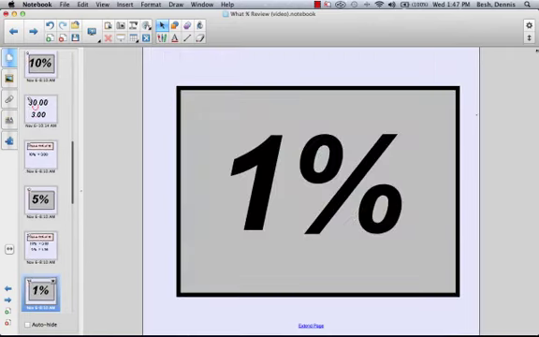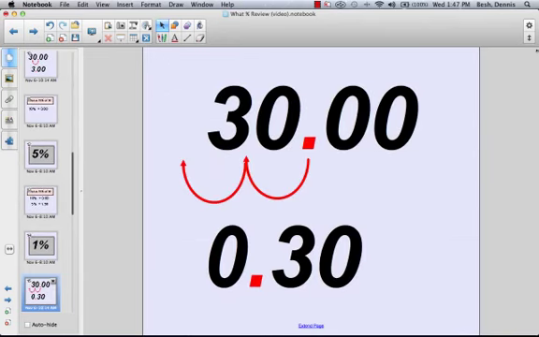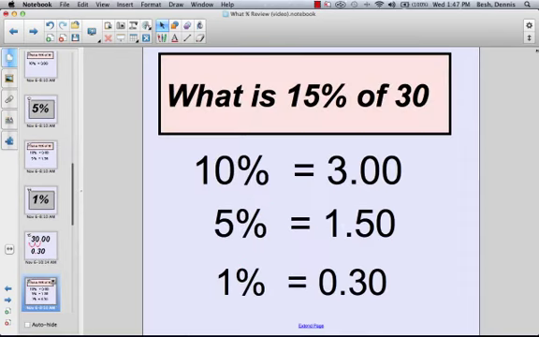Last but not least, we find 1%. Now to find 1%, we don't move the decimal 1 unit to the left. We move it twice. So now the decimal point is in front of the 3 instead of after the 0, and we get 0.30 carried out to the hundredths spot. You always find these 3 first. To find any percent of a number, you use any combination of these to add up to make the percent.